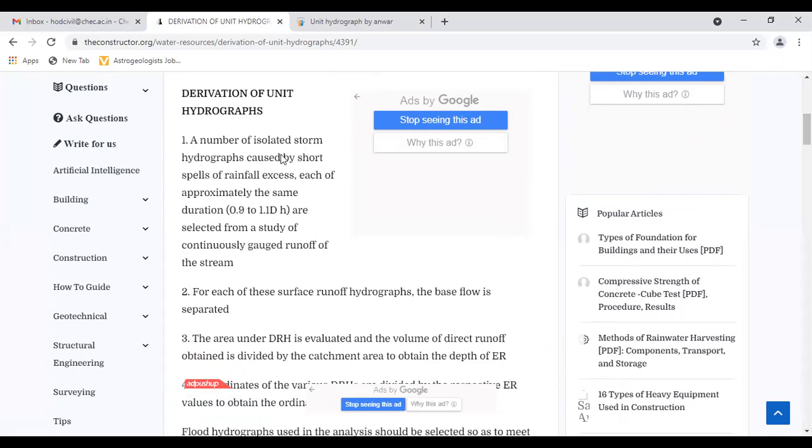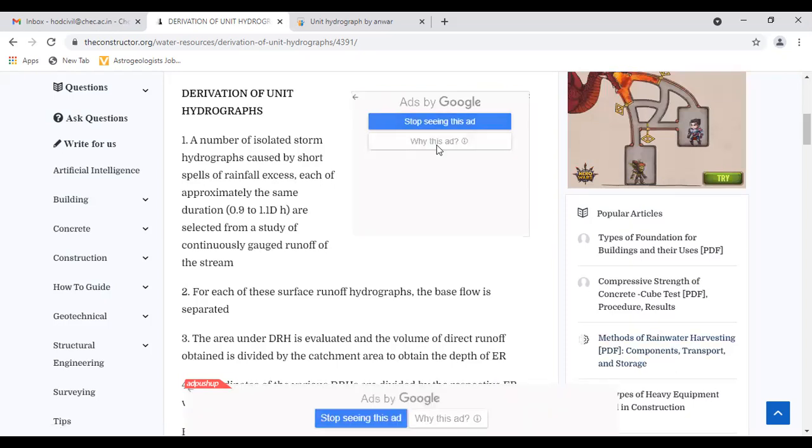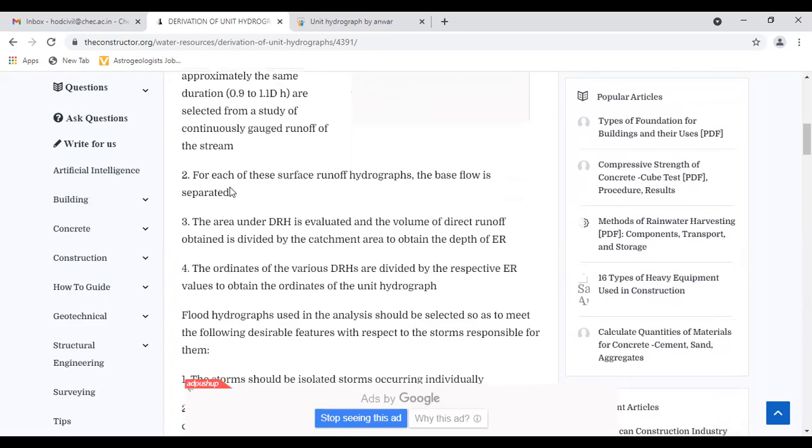A number of isolated storm hydrographs caused by short spells of rainfall excess, each of approximately the same duration (0.9 to 1.1 times the same duration), are selected from a study of continuously gauged runoff of the stream.